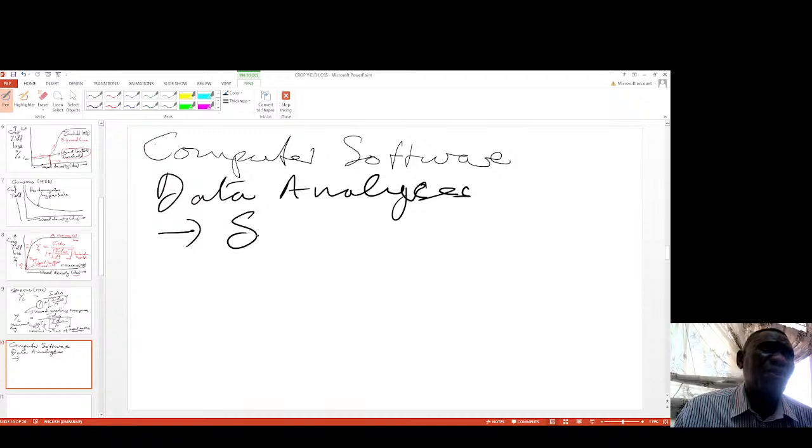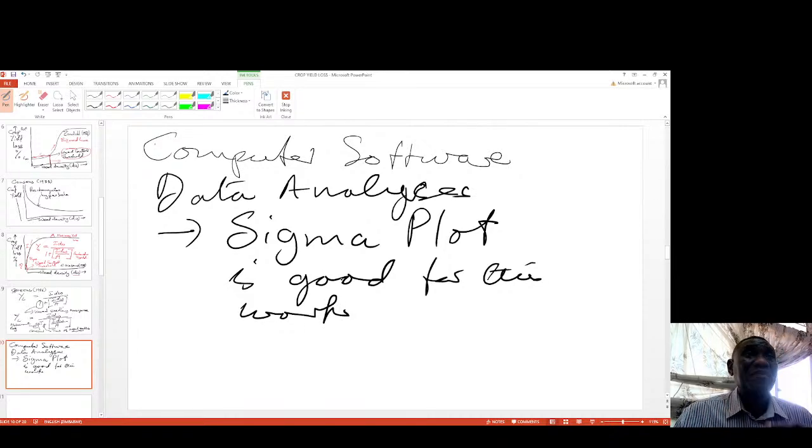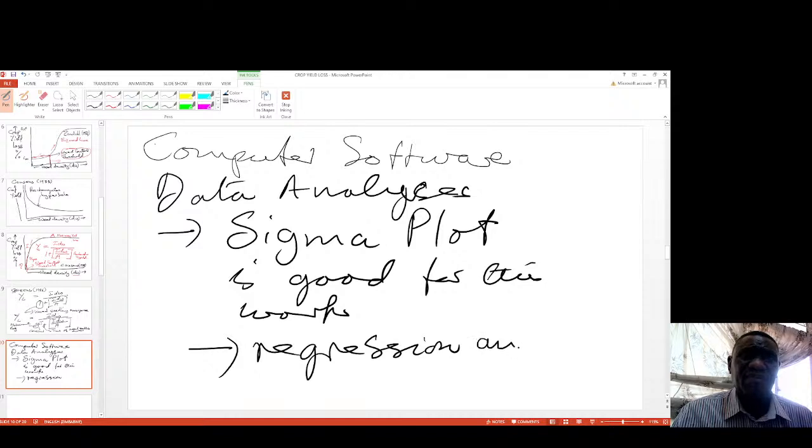Usually SigmaPlot is good for this work. It has good regression analysis, you know. But other packages can also do the same.